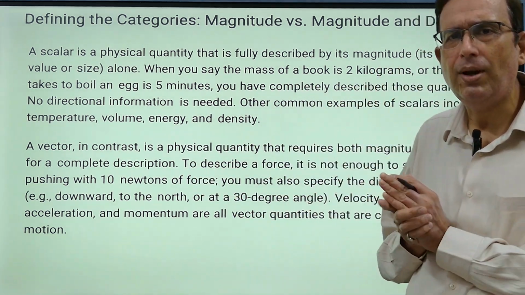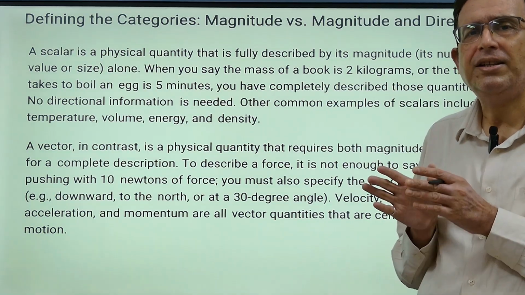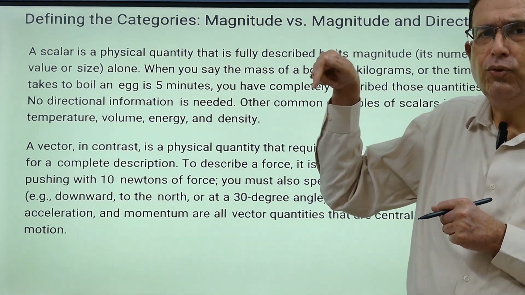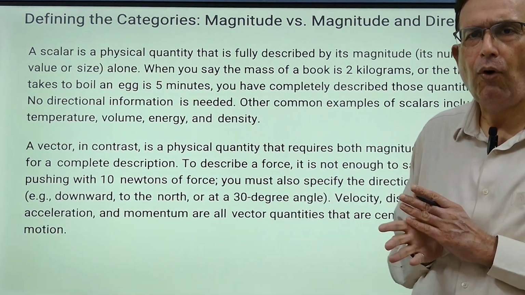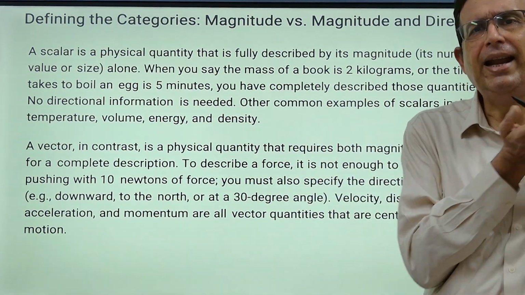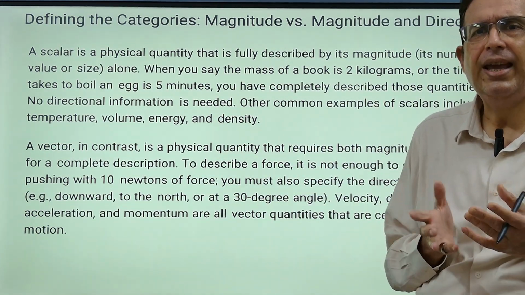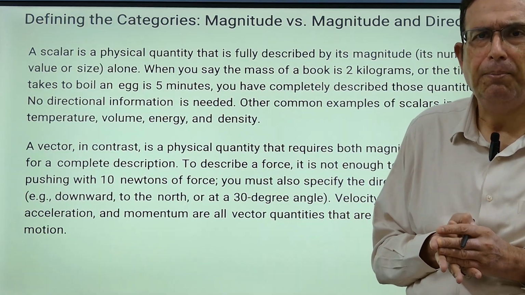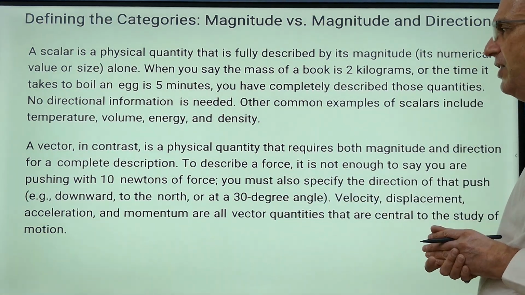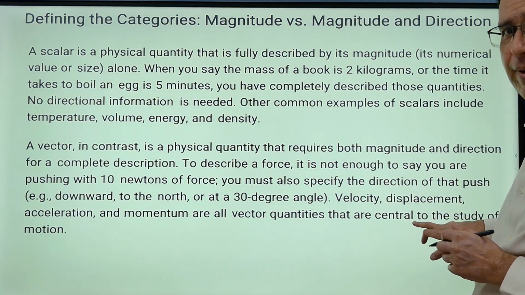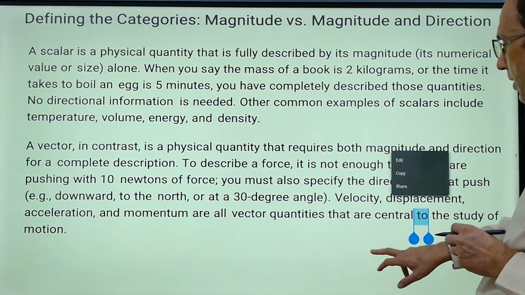How much is the force you are applying? And also a direction, in which direction you are applying. Either you are applying it downwards, or forward, or at an angle somewhere. In each case, the direction of the force is also very important. So all these things like force or momentum or acceleration or velocity or displacement, all of them are vector quantities.